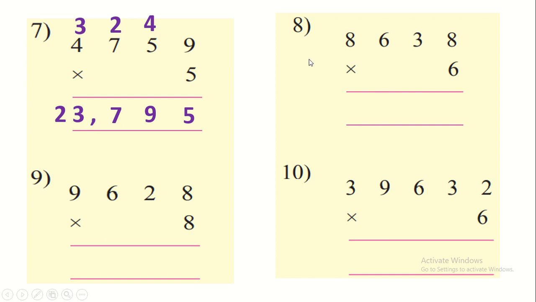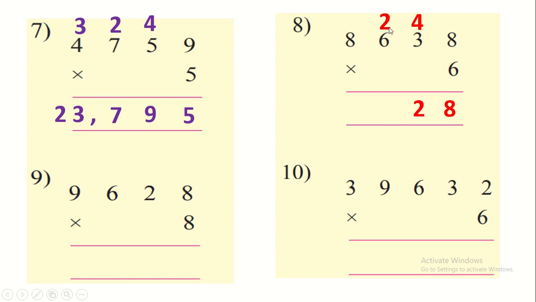Okay, next is number 8. 8,638 times 6. 6 times 8 is 48. Write 8, carry 4. 6 times 3 is 18, plus 4 is 22.